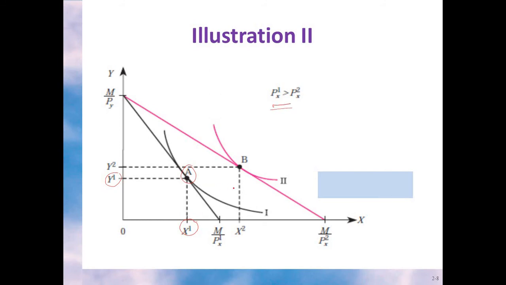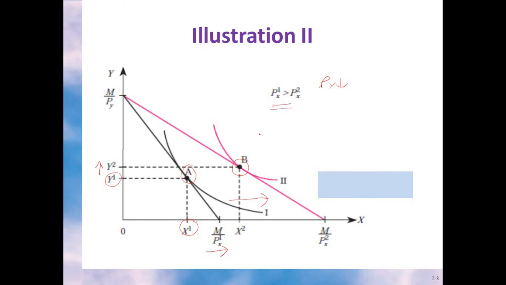Again the same thing, where the price of X decreases. So that's why we can see the rotation. And the new equilibrium here is at bundle B. But the difference is that if we look at bundle B, the new Y is more, and the new X also is more.